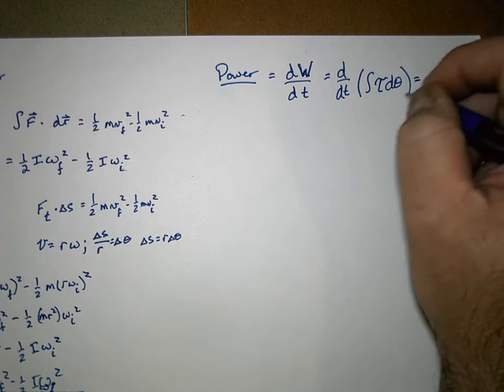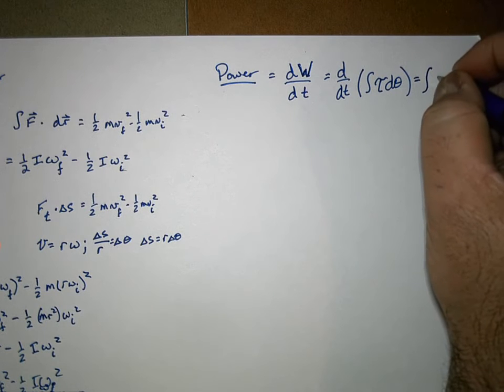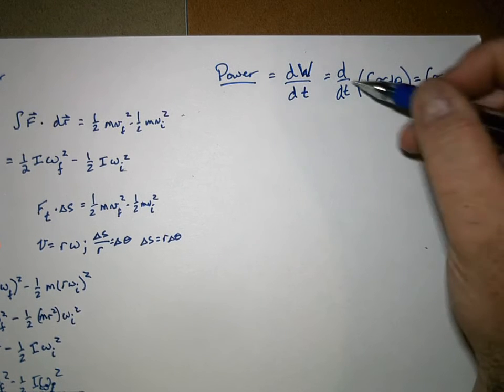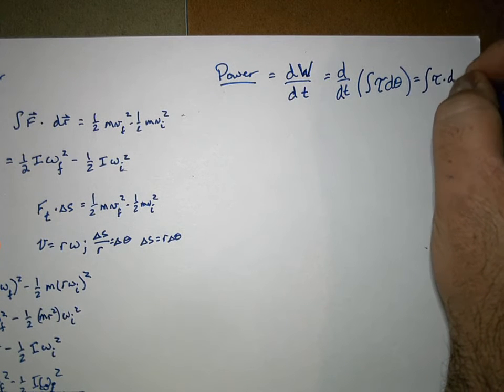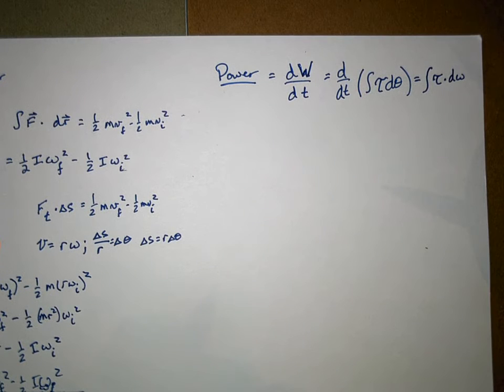Then the power equals our torque times, if we take the time derivative of d theta, we get d theta dt, which becomes omega.